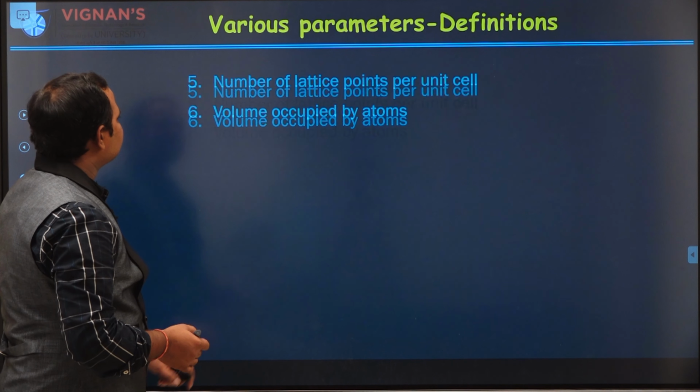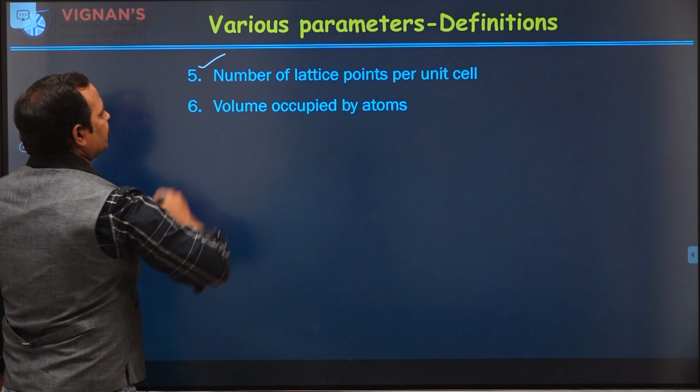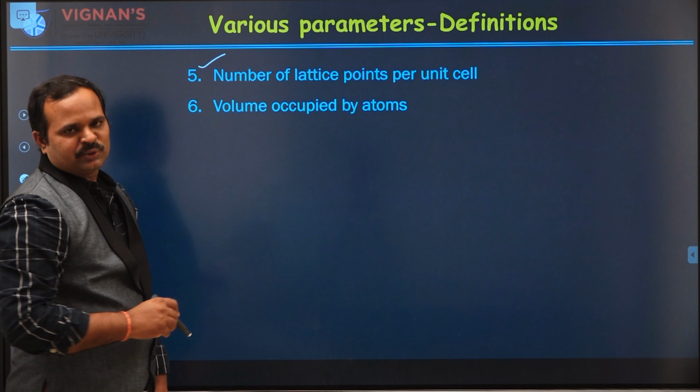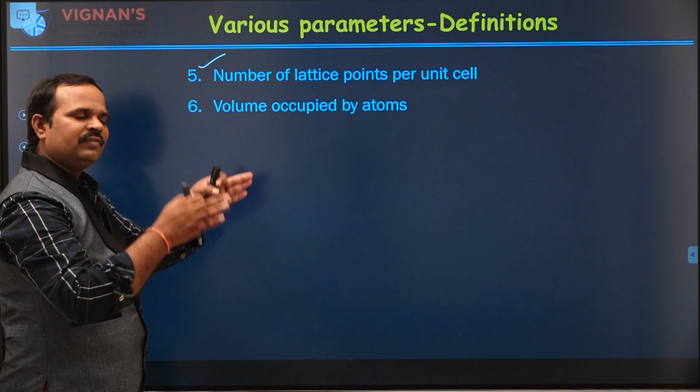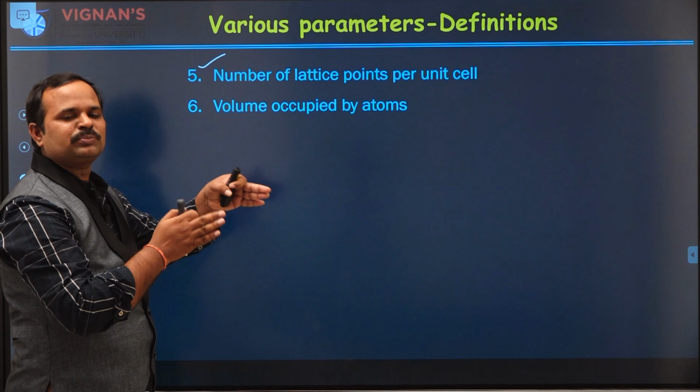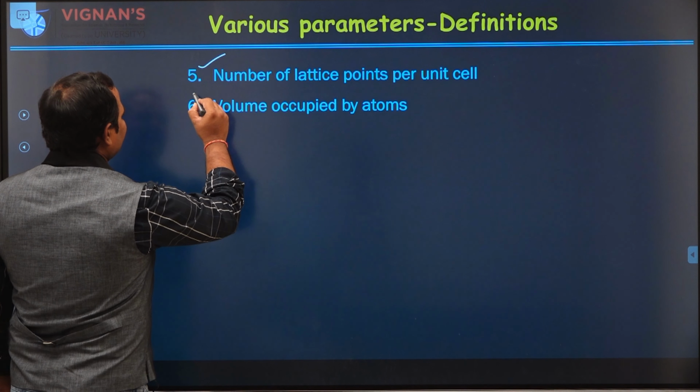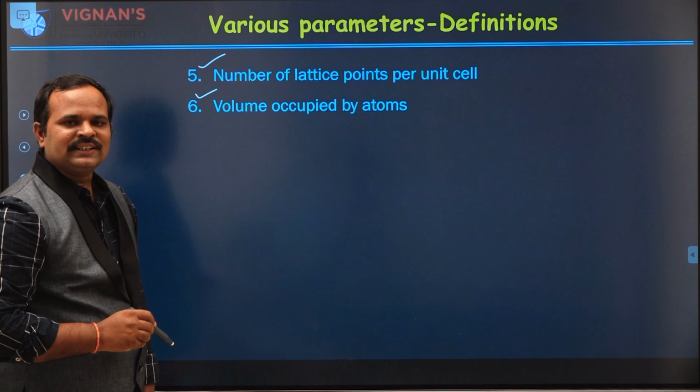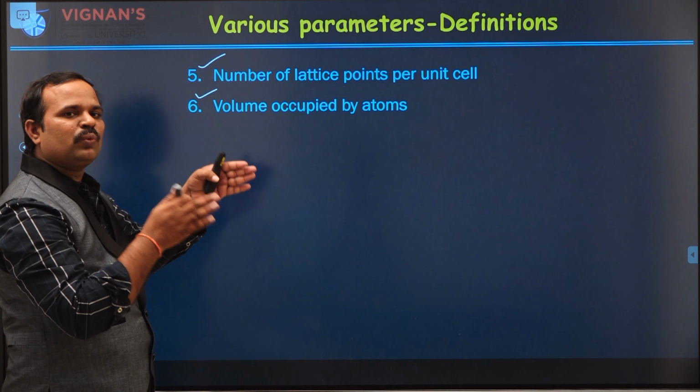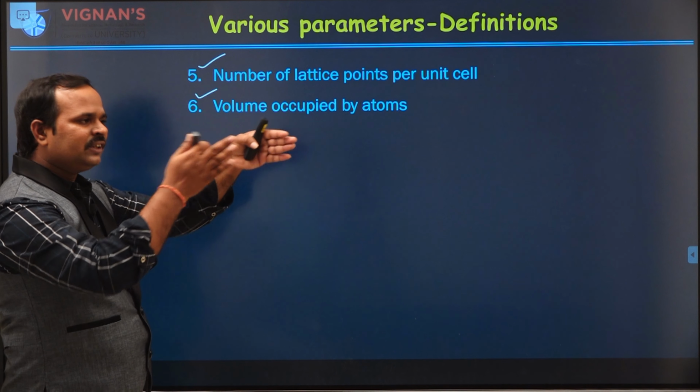The fifth one is the number of lattice points per unit cell. For every unit cell, we will find out how many lattice points exist. Once you know the number, we can say how much volume is occupied by these atoms in the unit cell.